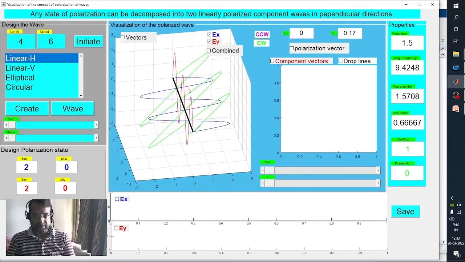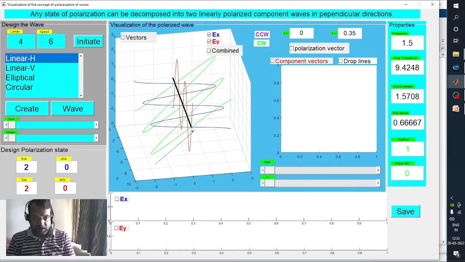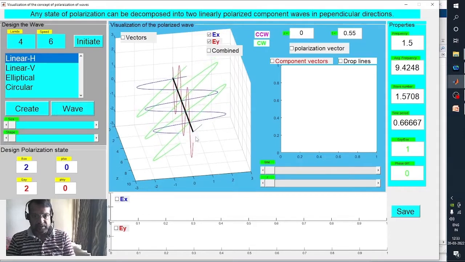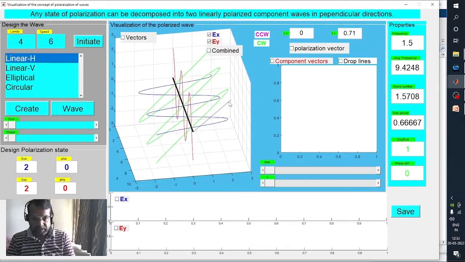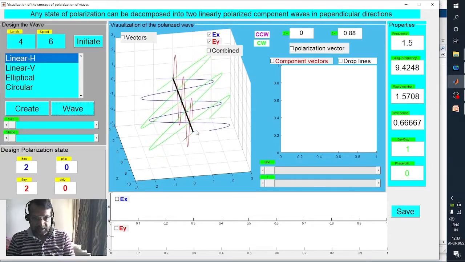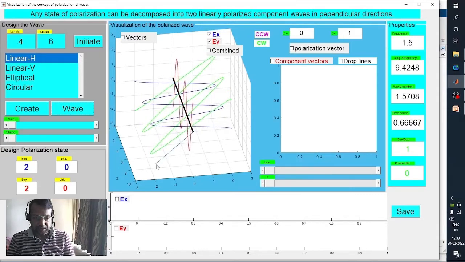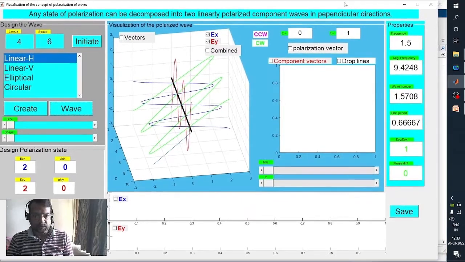The wave is coming out, and this line over here shows how the electric field magnitude changes as a function of time. As such, this looks very complicated and it needs either a color scheme or a detailed distinction between three components. Hence, in textbooks we also find this Ex and Ey being plotted separately.